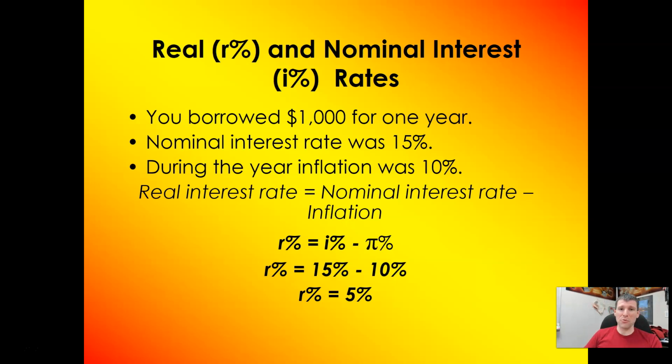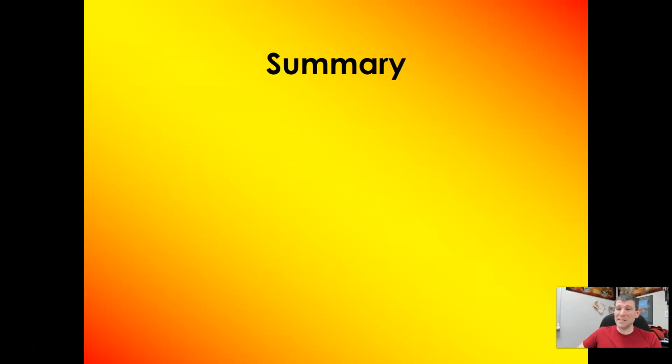So the real rate of return would have been negative 10%, right? 15 minus 25. So negative 10. So they got paid back 10% less than what they initially loaned out. So that's bad if you're the lender. It's great if you're the borrower, which means unexpected inflation always helps borrowers. A little tidbit there: unexpected inflation always helps the borrowers, always hurts the creditor, the person who loaned out the money.